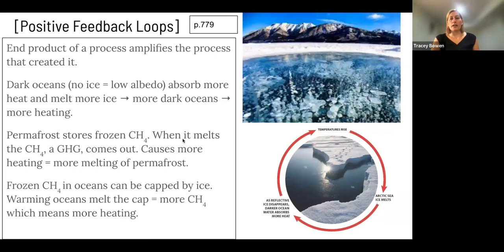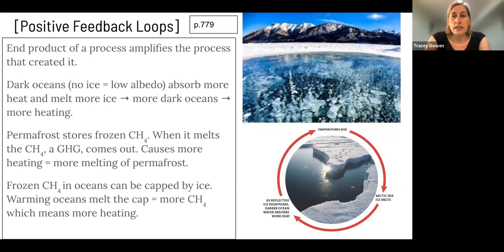So with climate change, there's a lot of positive feedback loops occurring, and positive feedback loops, unlike the negative feedback loops that we've looked at, which maintain a stable equilibrium, amplify the process that created them. So the end product is a new equilibrium.